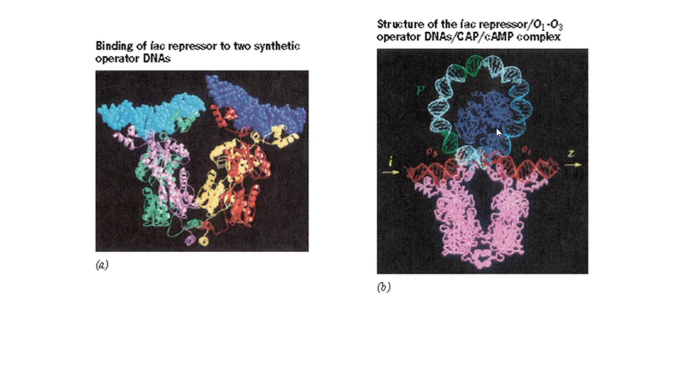So it cannot interact with RNA polymerase, and transcription will not occur, of course. If the interaction is with O1 and O2 rather, then this loop will not be formed, rather a hairpin structure will be formed. That will also block the transcription. So this is how the operator and Lac repressor interact together, and it is very interesting.